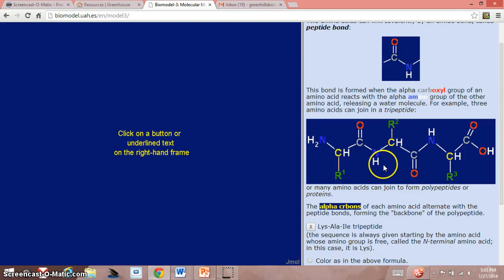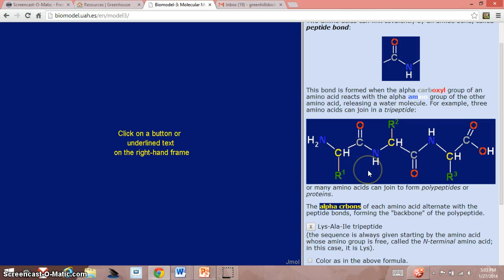So you can look at these amino acids here. Here's an amino group. Here's a carboxyl group. Here's the amino group of that one, the carboxyl group of that one. Here's the amino group, the central carbon, carboxyl group. So tell us from the amino acid on the left, what part of it is bonding to the next one, and from the amino acid on the right, what part of it is bonding.